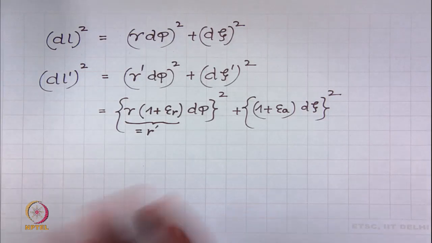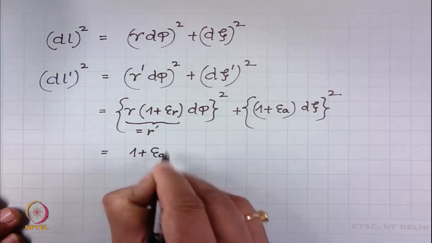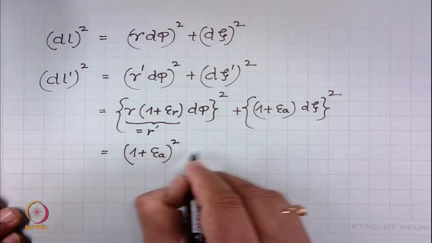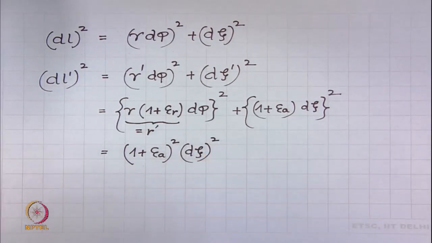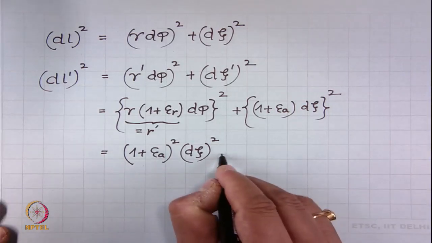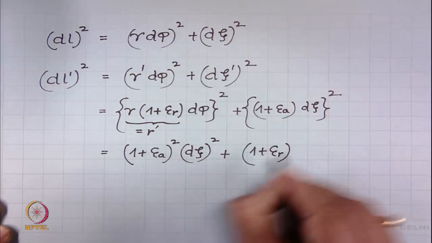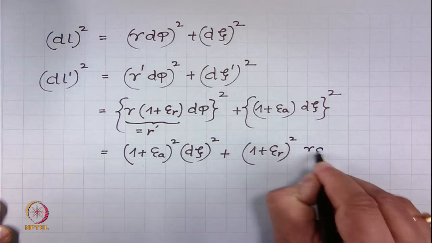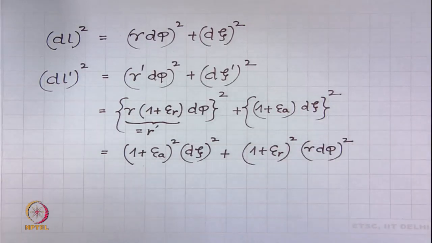So, if we rearrange it, then it becomes 1 plus epsilon a square d zeta square plus 1 plus epsilon r square r d phi square.